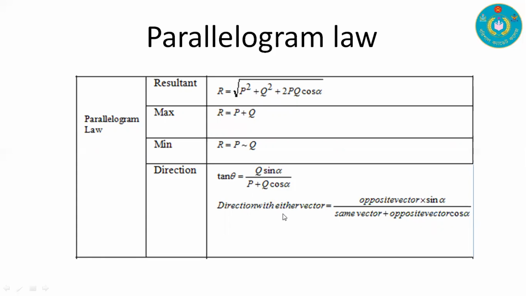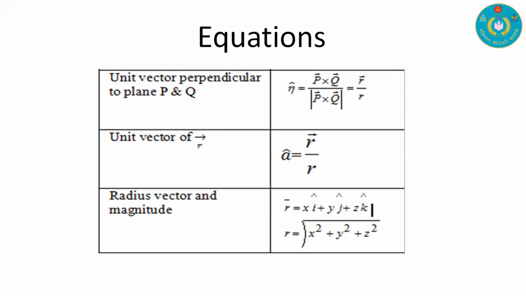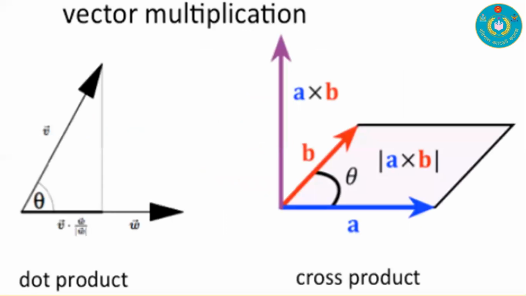Here, the direction with either vector is equal to the opposite vector into sin alpha divided by the same vector plus the opposite vector into cos alpha. These are the equations of this chapter. With the help of these equations we can solve the mathematical problems of this chapter.